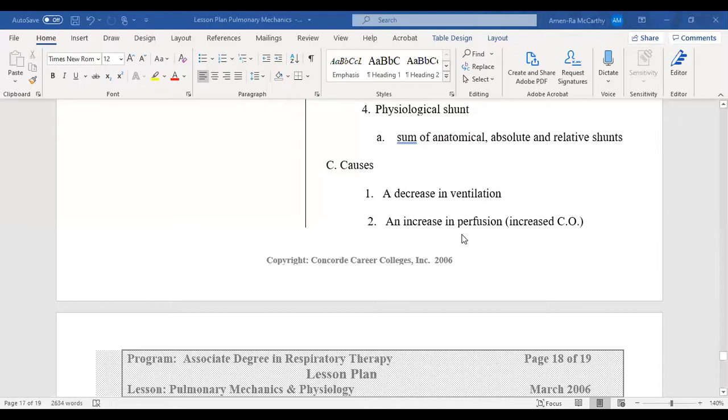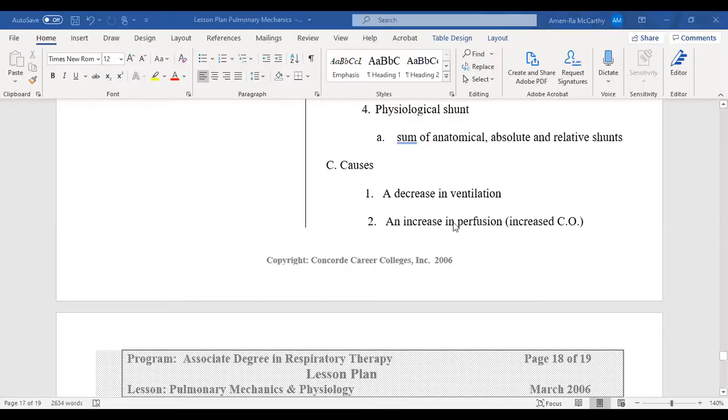For some reason, I'm pumping 8 or 9 liters of blood, and I still only have 4 liters of alveolar minute ventilation. That's still considered a shunt, because I have perfusion in excess of ventilation. Should be 4 to 5. But if I have 4 to 8, that's too much perfusion, right? So my perfusion now is in excess of ventilation, so that can cause a shunt.